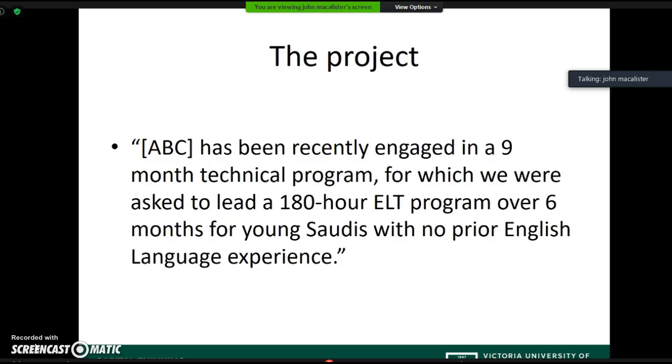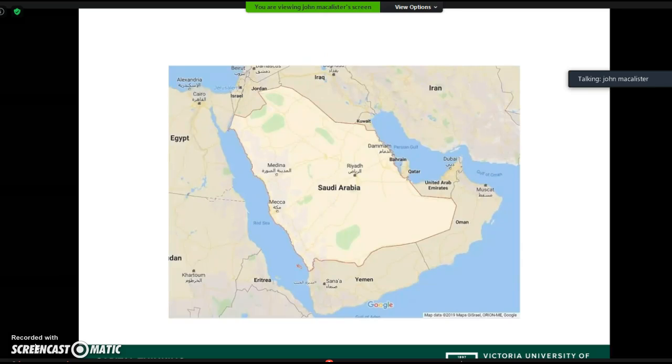Anyway, so here I was in my office in Wellington thinking, where do I start? Oh, wow. This is a challenge. Because when it came down to it, what did I know about Saudi Arabia? If we were in a more interactive setting, I'd probably get you to do a little exercise here, but you're just going to have to listen to me talk, sorry.